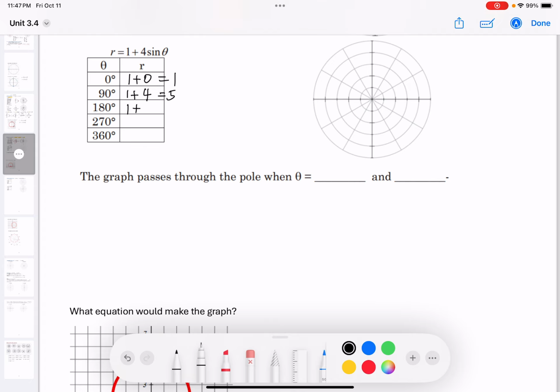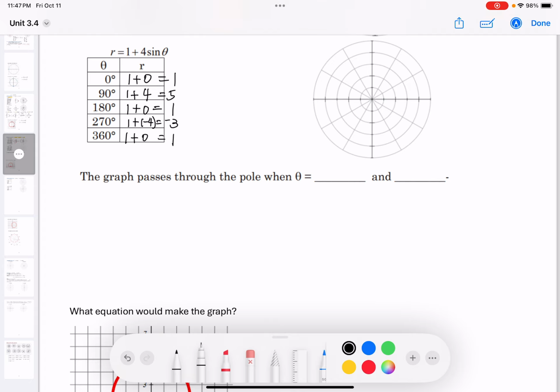Sine 180 degrees is 0. 4 times 0 is 0, so we have 1. And 270: sine 270 is negative 1. 1 plus negative 4 is negative 3. And the last one is 1 plus 4 times 0. It is 1. Okay, we have a lot of key points.